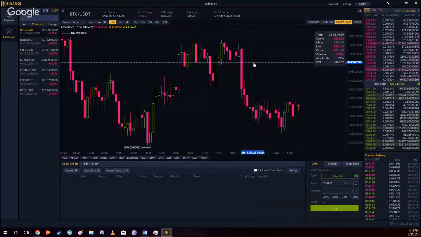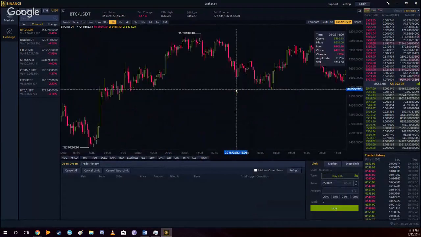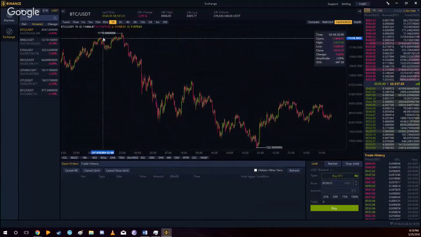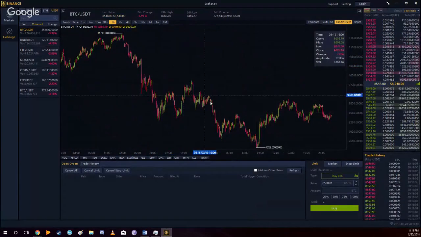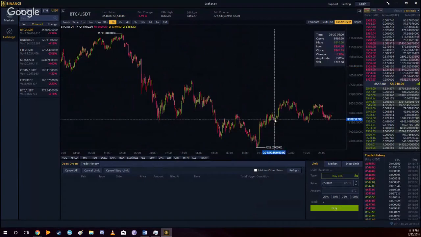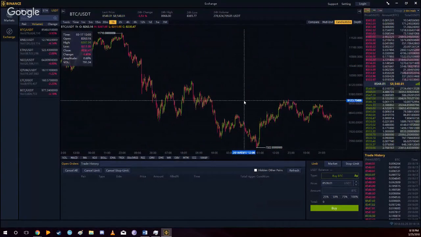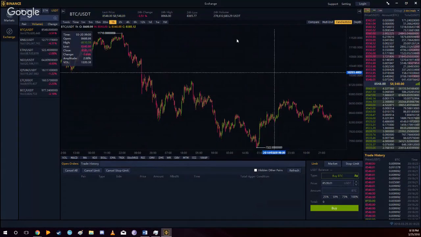This is a candle chart with nothing on it. You can see some patterns if you have a knack for it, if you have a good eye for them. But indicators are what helps us determine some patterns. Now, this is Bitcoin.